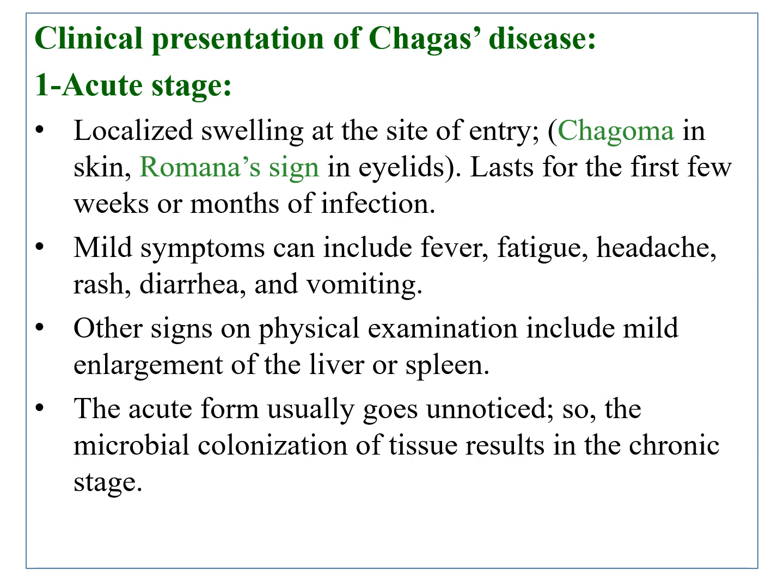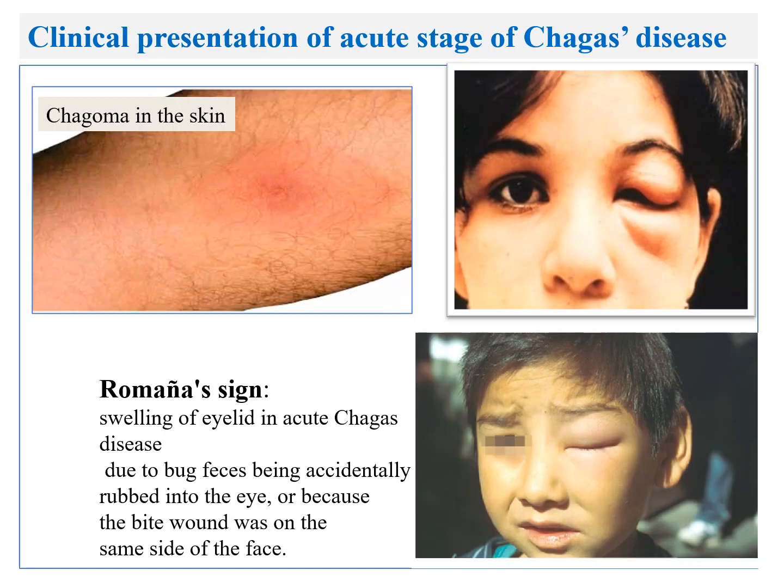And then the patient is also going to suffer from some vague mild symptoms, like fever, headache, diarrhea, or vomiting, and his liver and spleen might also be enlarged. Now, this is a chagoma, which is a localized swelling in the skin at the site of entry of the metacyclic form.